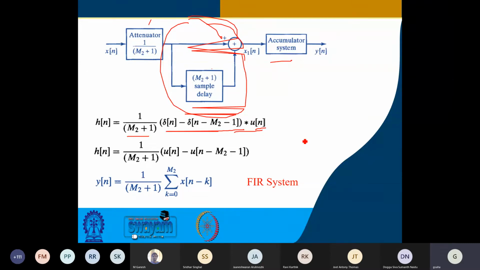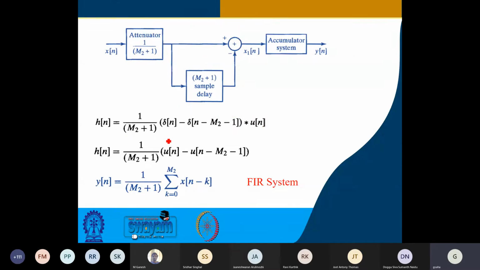So when you do that, what you see is that del n convolved with un is un only, and del n minus m2 minus 1 convolved with un is un minus m2 minus 1.